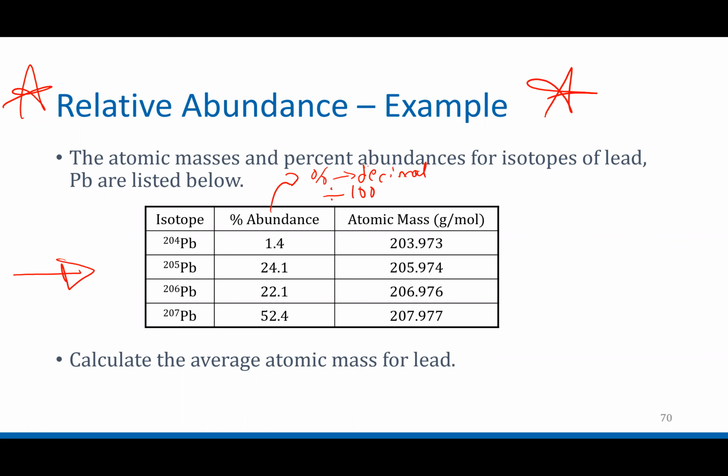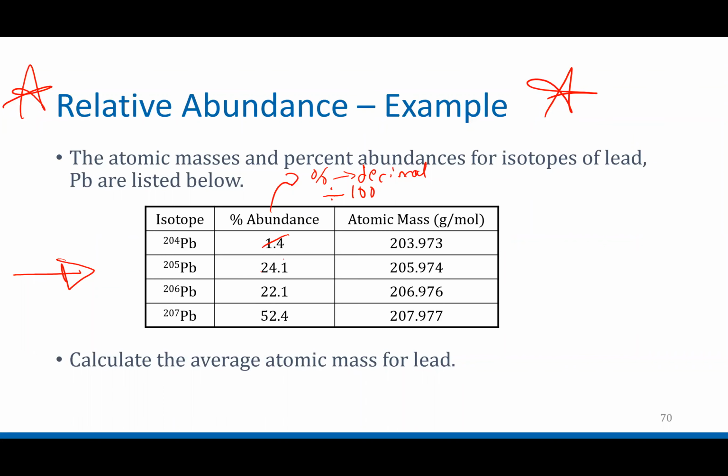And I think, Sophia, you're in this class. Sophia mentioned last week on Thursday, she said, just move the decimal 2 places left. And that's exactly right. If you don't have a calculator, it's easy. If you do have a calculator, divide by 100.